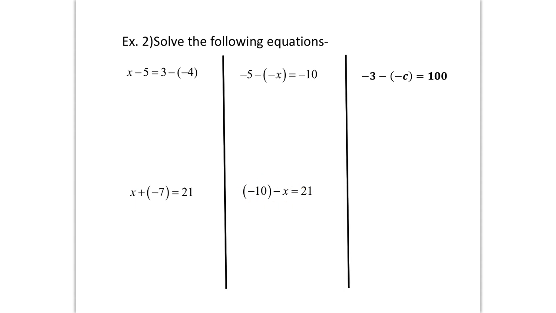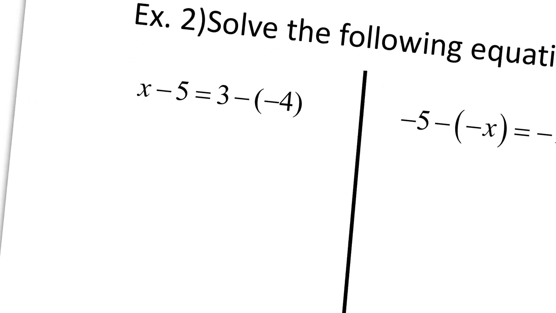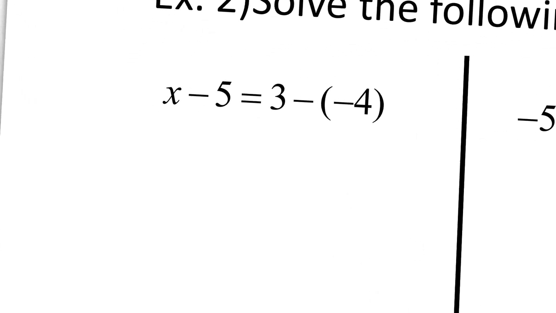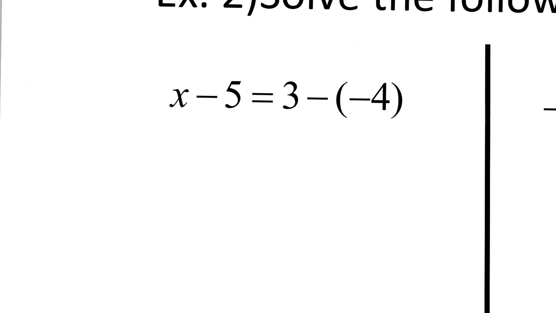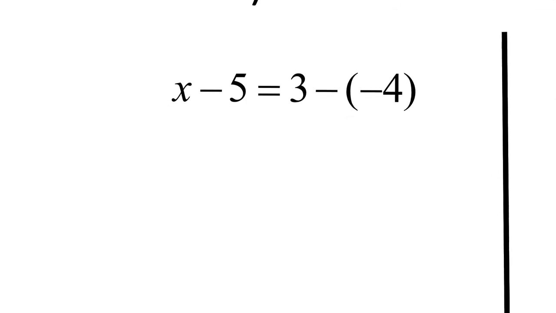But let's go ahead and look at the first question here. And we have x minus 5 equals 3 minus the quantity of negative 4. So like I mentioned, we do have a double negative, and I'm just going to put a box around so you can see those double negatives. Negative and a negative. When you guys have a double negative, which means you multiply a negative times a negative, well, that's going to turn positive.